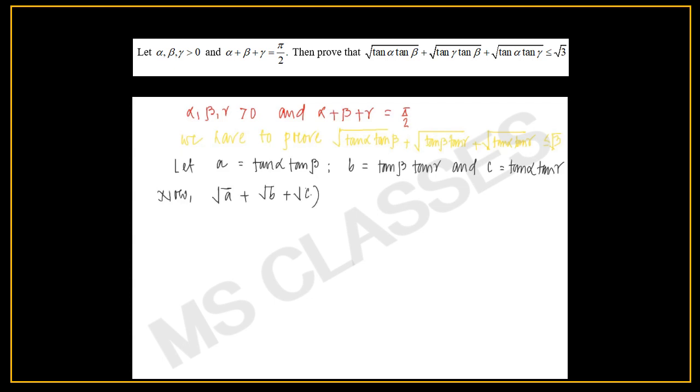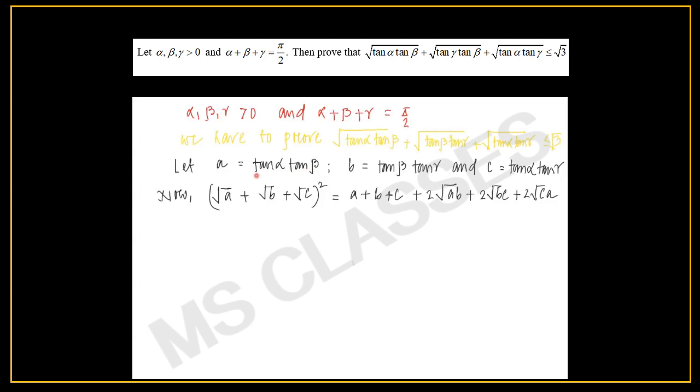So we take it as a whole square so that we can remove the radical sign. So this is A plus B plus C plus twice root of AB plus twice root of BC plus twice root of AC. Now alpha, beta, gamma are positive, so naturally tan alpha, tan beta, tan gamma are positive, as the sum is 90.